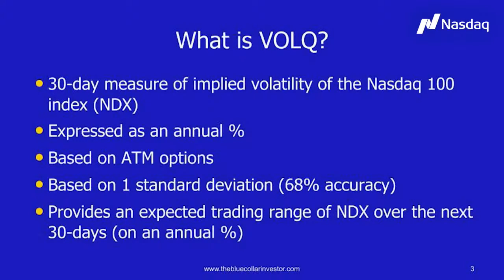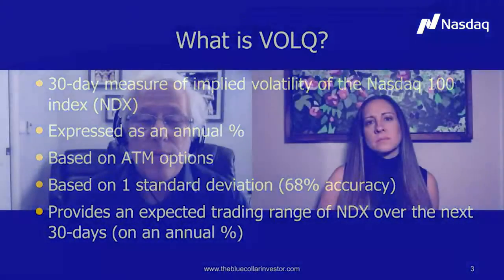So to create a 30-day implied volatility, we have to divide the VOLQ by 3.46, which is the square root of 12, since there are 12 30-day time frames in 1 year. That will give us the implied volatility for the Nasdaq-100 or the Qs over the next 30 days.